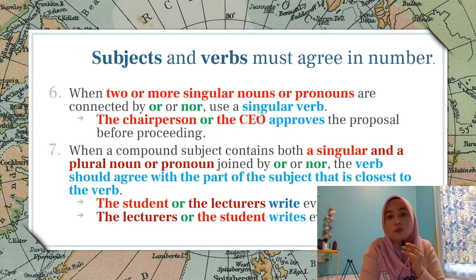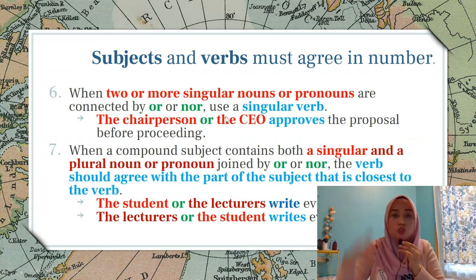From the sentence, we know that the verb is "approves", am I right? So anything that goes before it should be the subject. If the subject has "or" or "nor" in between, you have to use the singular form of the verb. So we say the chairperson or the CEO approves the proposal before proceeding.